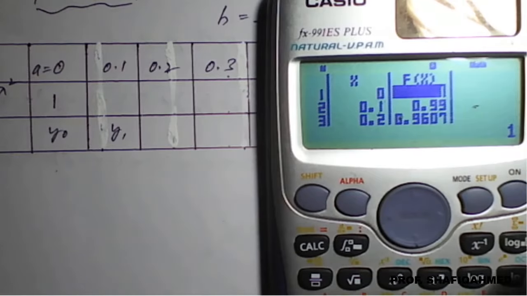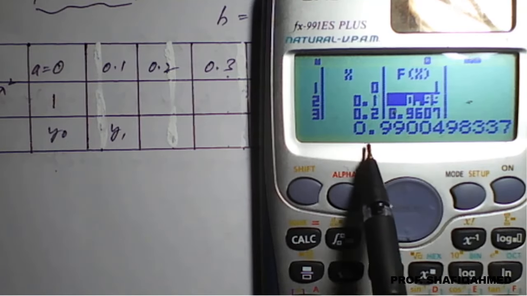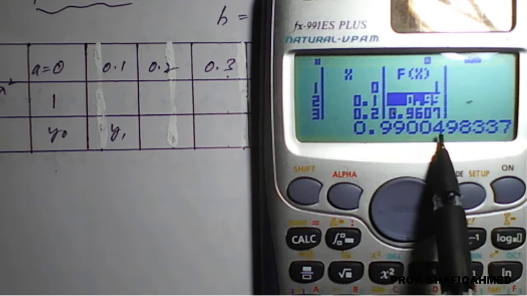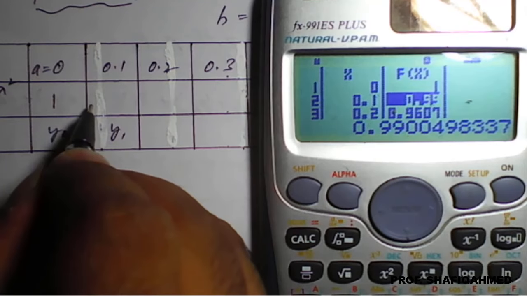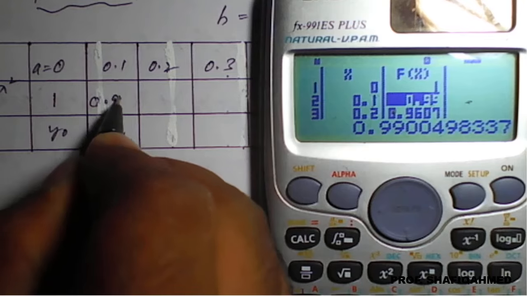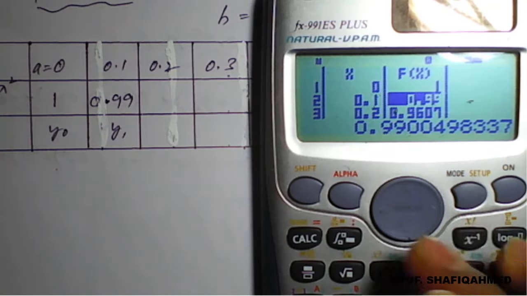Next, for 0.1, I will write 4 decimal places: 0.99004, so 0.9900.